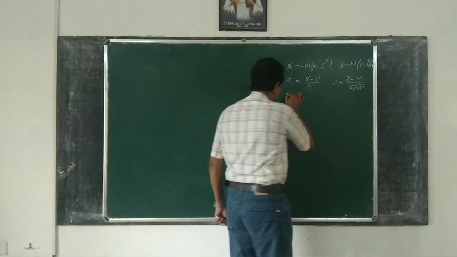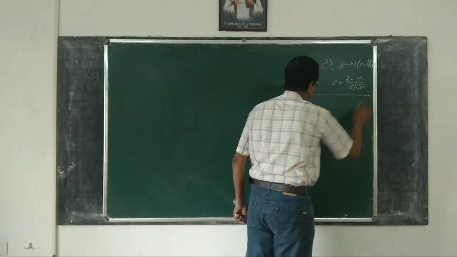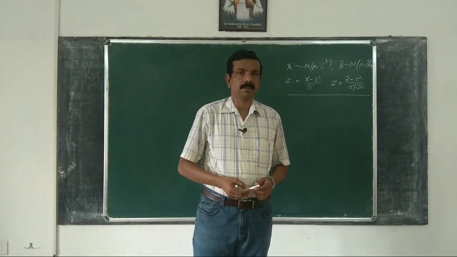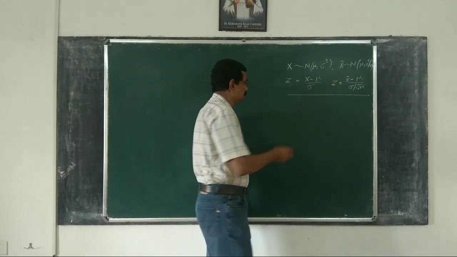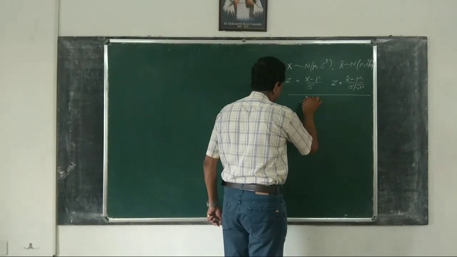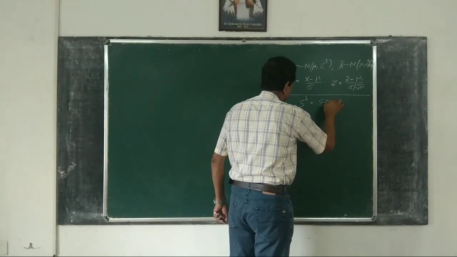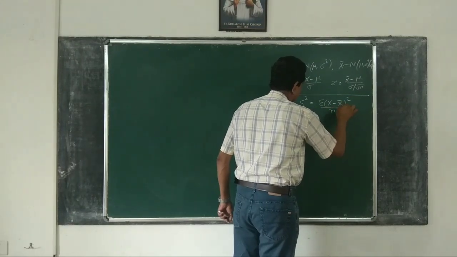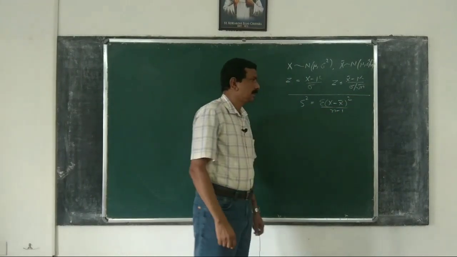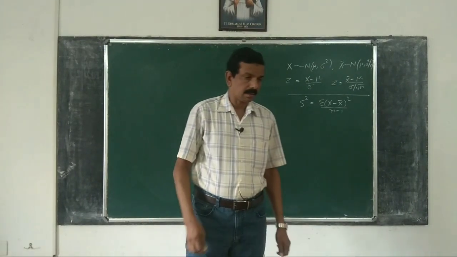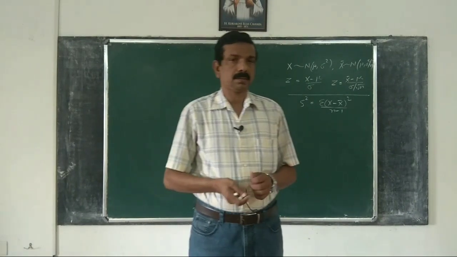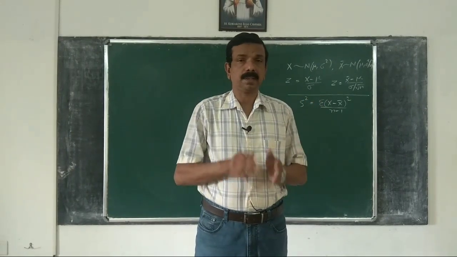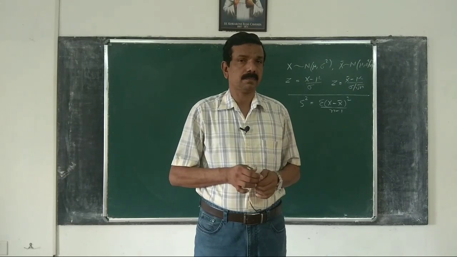In statistics, we come across squared quantities such as the sample variance S square is equal to sigma x minus x bar square by n minus 1.